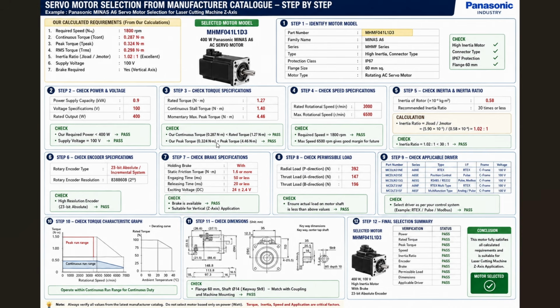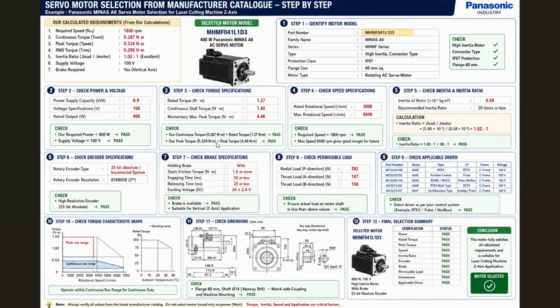Next step is to check encoder specification. The motor is compatible with a 23-bit absolute and incremental encoder. We are selecting a 23-bit absolute encoder. Next step is to check brake specification. The MINAS A6 servo motor family, MHMF series, comes with brake and without brake.